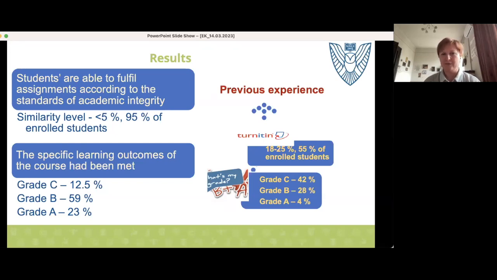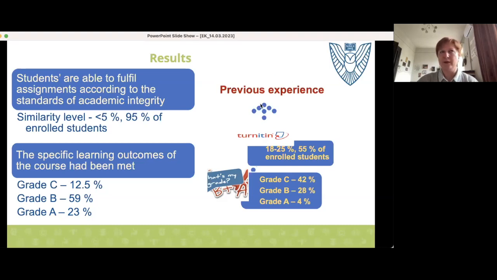But as you can see from the presented data, most students fell into the grade B and grade A categories.